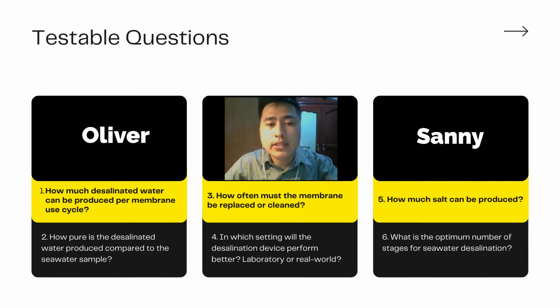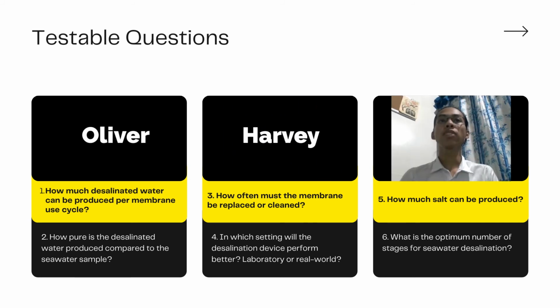It also tackles the experimental design to be used in the project by asking if there is the need to carry out the experiment in the real world, considering a lot of constraints, including how to carry out the experiment, the time constraints, the cost, and the limited knowledge we have on the topic. We also want to know how much salt the desalination device can produce. This does not address any of the objectives, but is still a very important variable to consider.